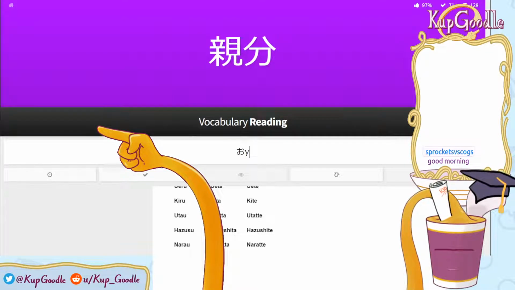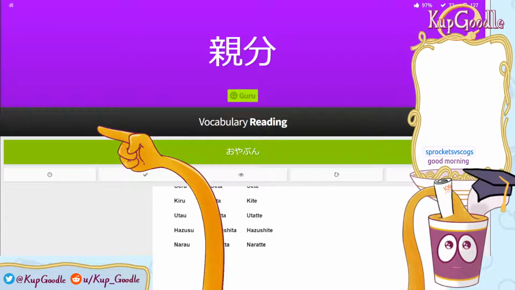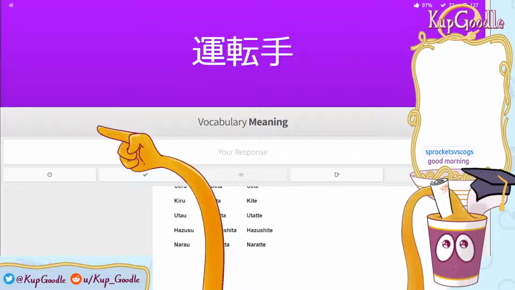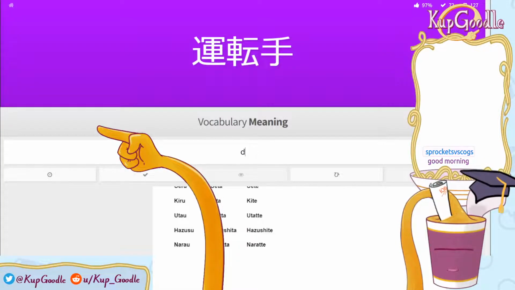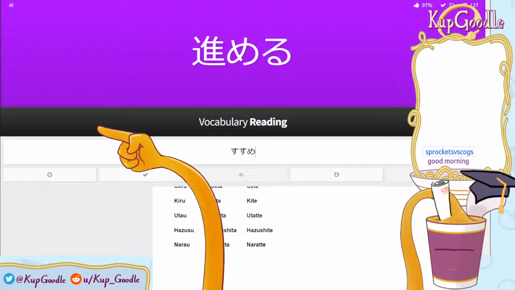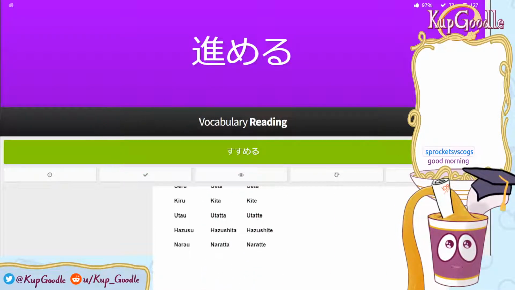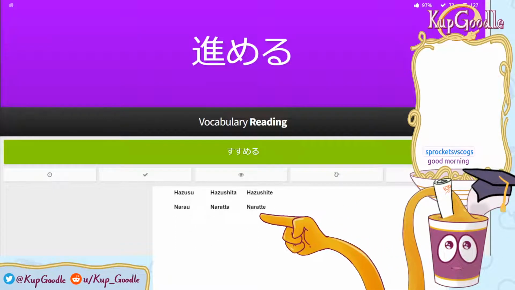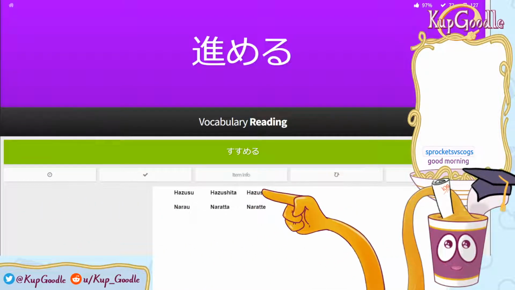I don't remember the word, anything but the word boss being in there. Jinja is a shrine, a Shinto shrine. Oyabun. Parent part. Untenshu. That's a driver. Susumeru, to progress. Susumeru. Let's use that. Is that a ichidan or godan?